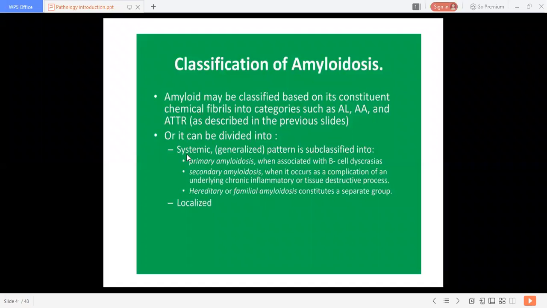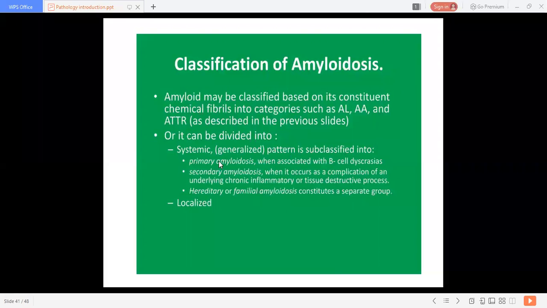Okay, so this is all about systemic amyloidosis. It is a generalized pattern and it is subclassified into four groups: generalized primary amyloidosis, generalized secondary amyloidosis, hemodialysis associated amyloidosis, and hereditofamilial amyloidosis.